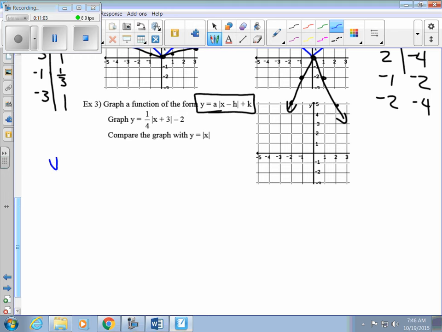Well, we know that the vertex is going to be -3, -2. Because by rule, this is really x minus, so then if we put that in there, it would be written like that. Because we have to make it look like this formula. So essentially, it's the opposite of whatever is that 3. So it's -3, -2.